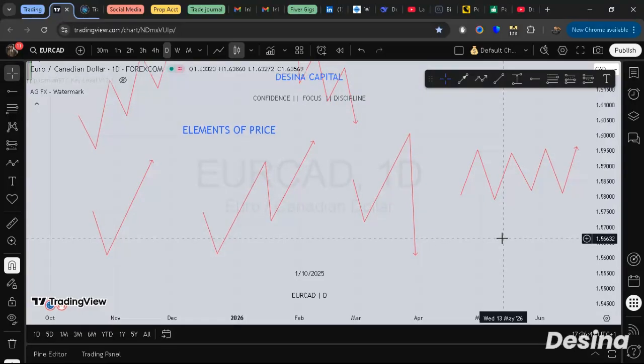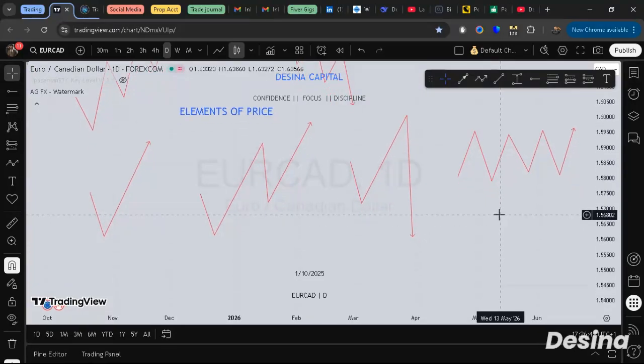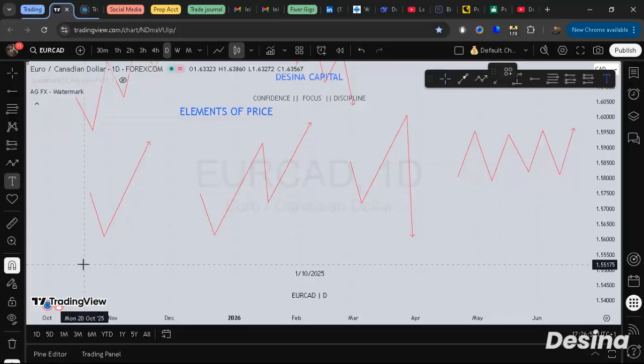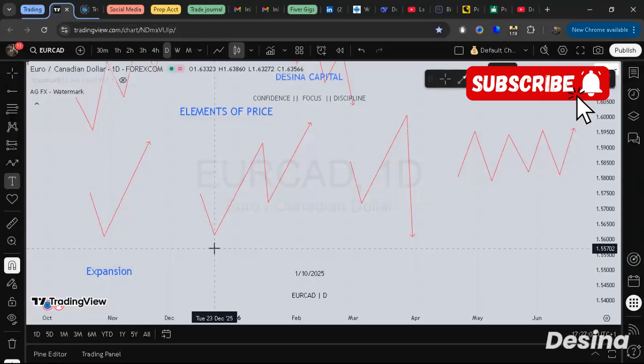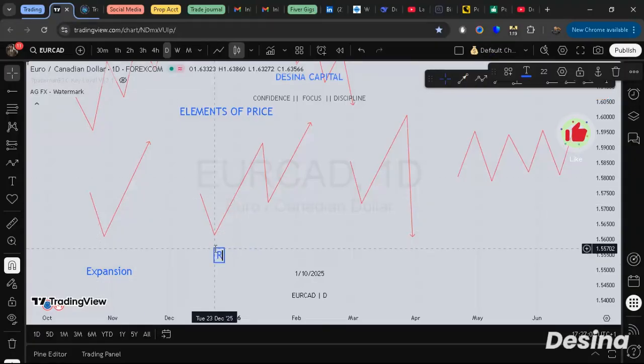These are the only four things the market does. Nothing else outside these four. So the first one is an expansion. This is a retracement.